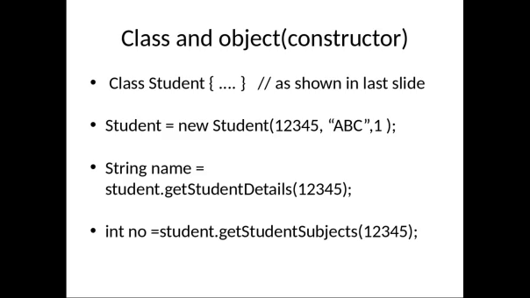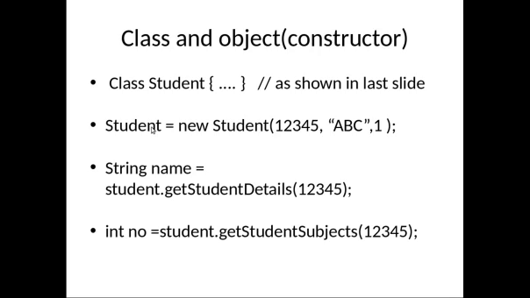So we have defined those methods, declared the class, and we have declared the constructors also, the default constructor and the other two constructors. Now we are instantiating the object using the new keyword. So Student, there will be a reference name, then new Student, and these three arguments are passed. So this student will be the object reference name.